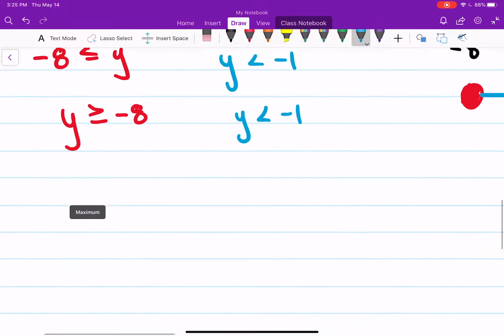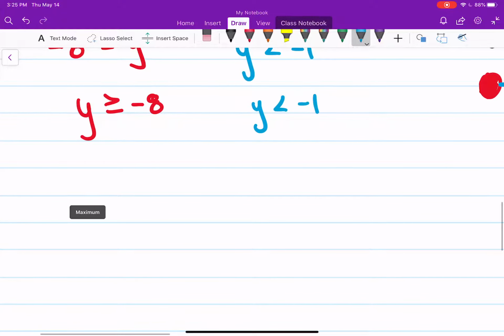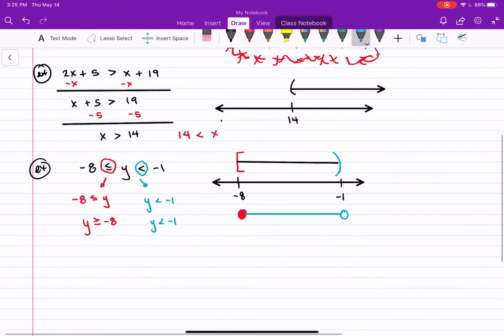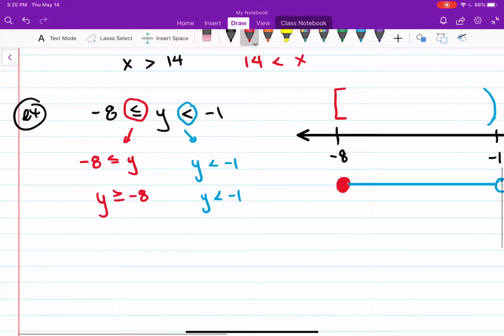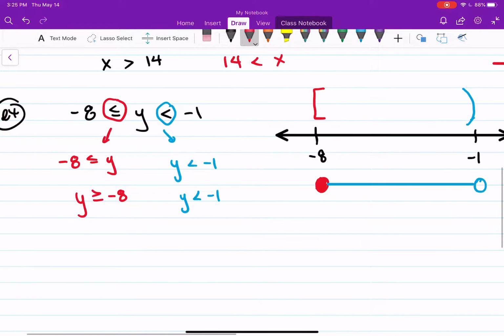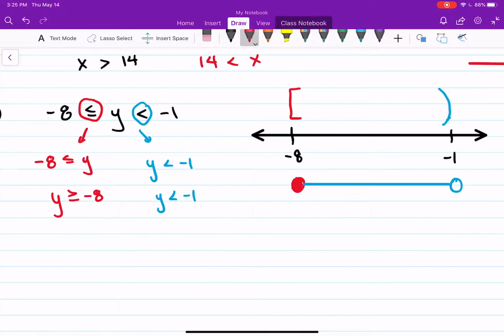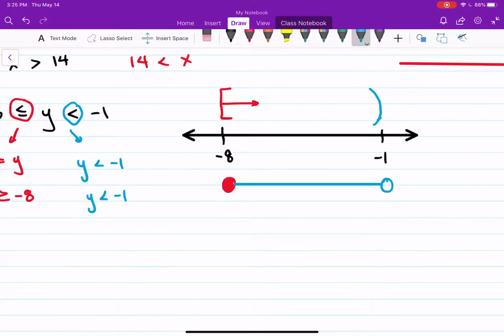because if you just did the red, then you would go, okay, it's a square bracket and it's pointing to the right because the stuff to the right is going to be greater than -8. So you have done that. And then with the blue, you're like, okay, the -1 is going to be a parenthesis, and it's going to be pointing to the left because everything to the left is less than -1.